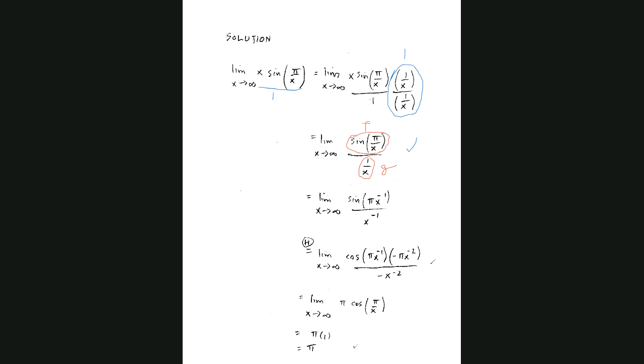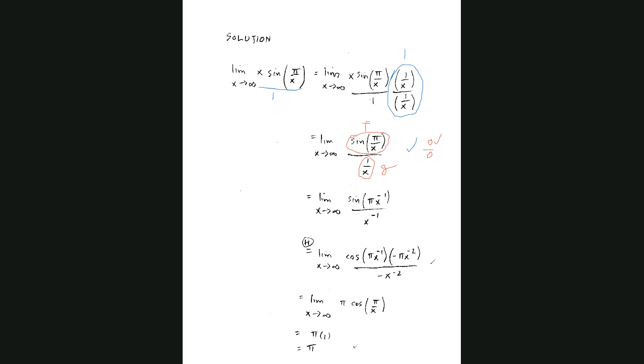That's right, Justice. That's right, Tina. This is 0 over 0. The sine of pi over x: as x gets large, pi over x goes to 0. The angle goes to 0, and so the sine of pi over x goes to the sine of 0, which is 0. The denominator, 1 over x, also approaches 0 as x goes to infinity.